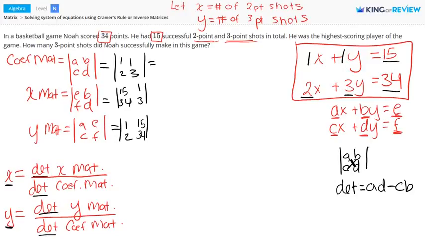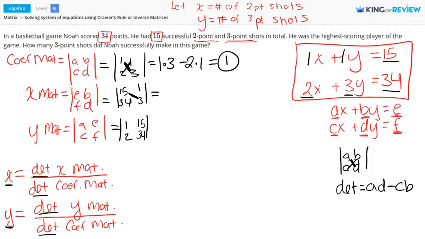Let's find the determinant of our coefficient matrix. Well, we take the product of the main diagonal, 1 times 3, minus the product of the entries in the other diagonal, 2 times 1. So 3 minus 2 gives us 1. Now let's find the determinant of our x matrix.